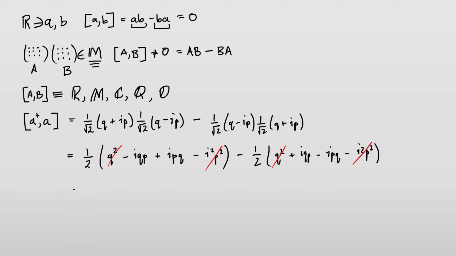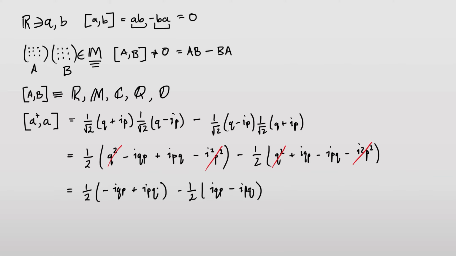What we end up getting is 1/2 times negative IQP plus IPQ, minus 1/2 times IQP minus IPQ, like that.